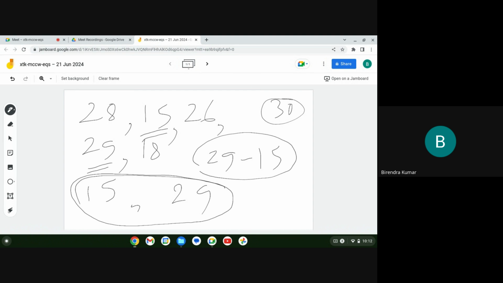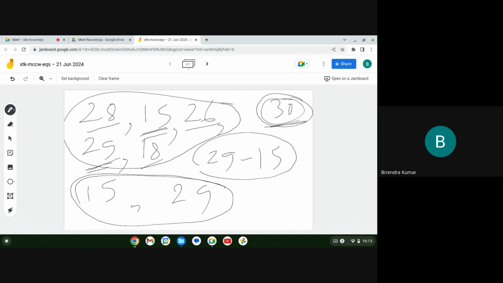So I'm just repeating myself. There was a test for science, and five students got marks like this. In a test of 30 marks, one child got 28, another got 15, the third got 26, another got 29, and one got 18.